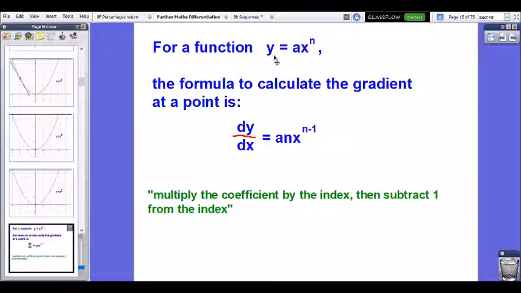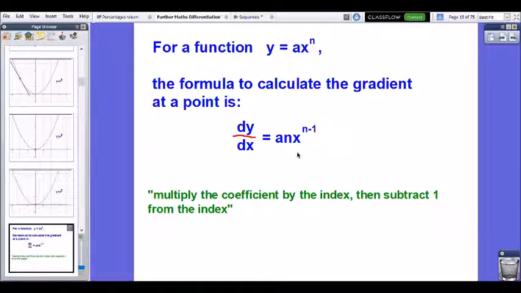So, for example, in general, if you have a function y equals ax to the power of n, so we're just generalizing by using random letters at the moment, but I'll show you it with concrete examples later on. If this is your function, the formula to calculate the gradient is anx to the power of n minus 1.